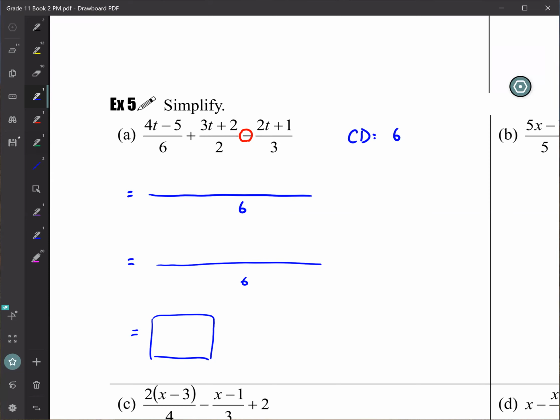I got 4t minus 5 plus 3 bracket 3t plus 2 minus 2 bracket 2t plus 1. Okay, very good. So the first fraction, you don't need to multiply anything, right? So you don't even need to put brackets around it, nothing to multiply.